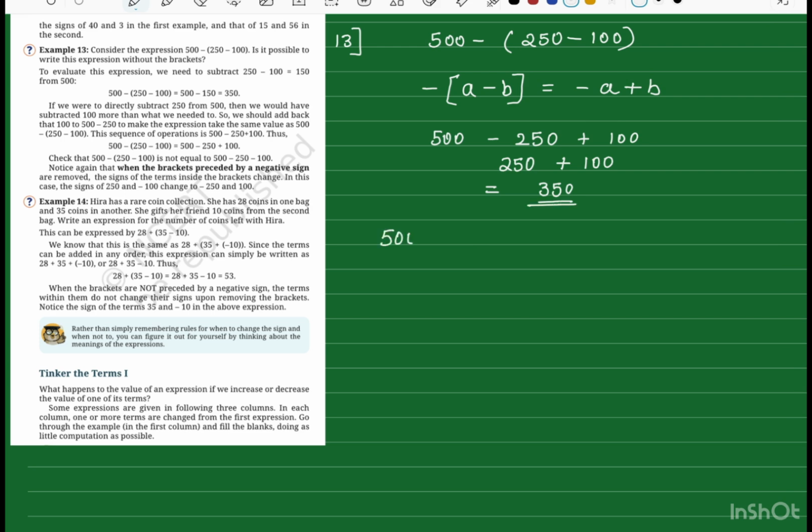We can check the answer. 500 minus 250 minus 100 is equal to 500 minus 250 is 250, minus 100 is 150, that is equal to 350. So the answer is correct.